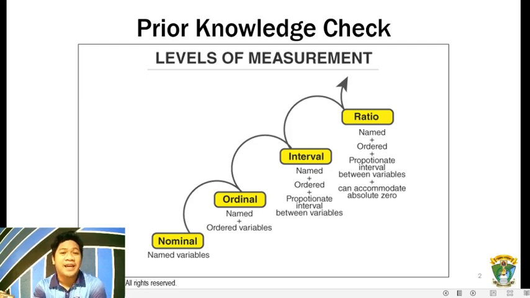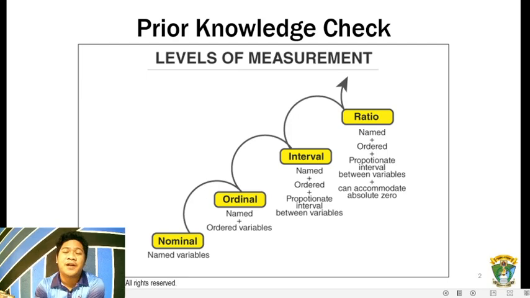Similar with ethnic affiliation, every ethnicity is not higher than the other, so they cannot be arranged in a particular order. Now, if these labels can be arranged into a particular order, such as increasing or decreasing, the data or the variable is now called an ordinal data or an ordinal variable. So you will see there the clue, ordinal. Okay, we have the word order.